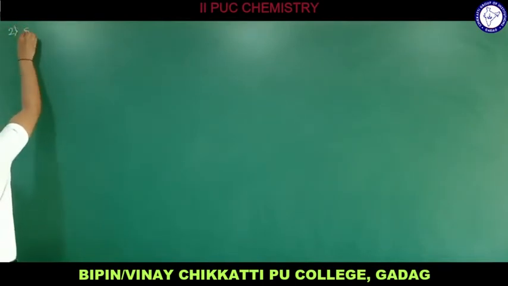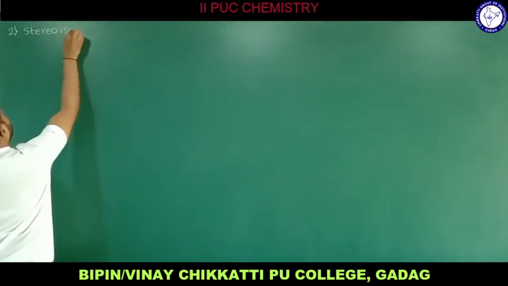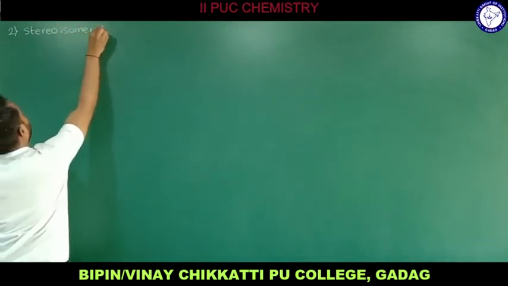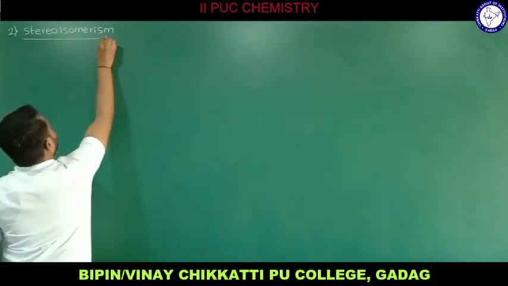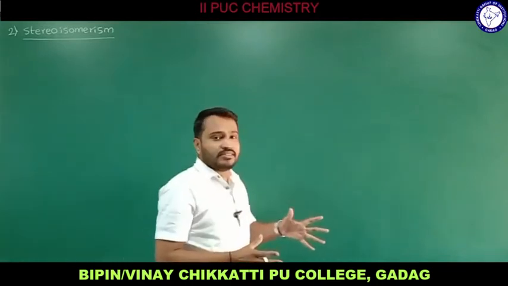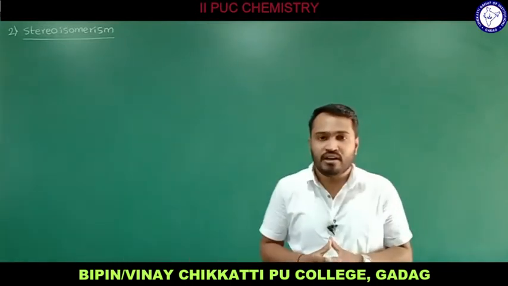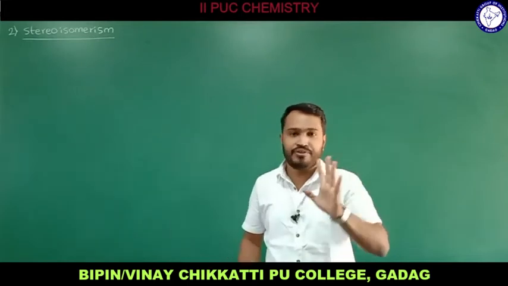Second one, stereo isomerism. In the previous type, structural isomerism, complexes have the same molecular formula, but the structure or bond type is going to differ.